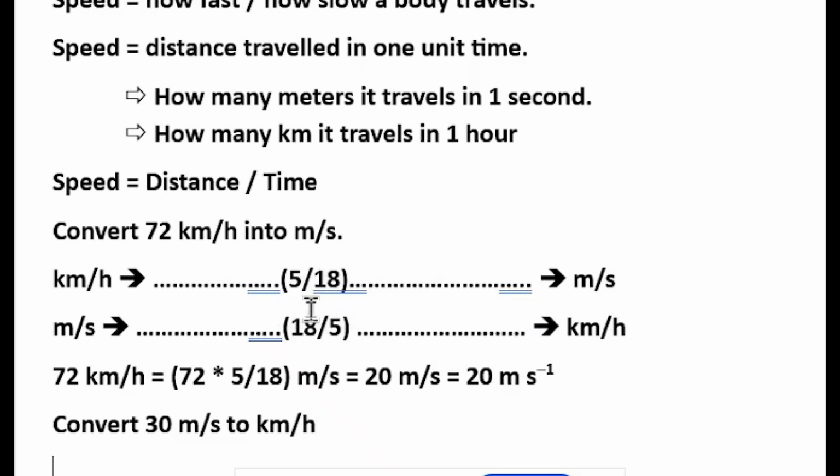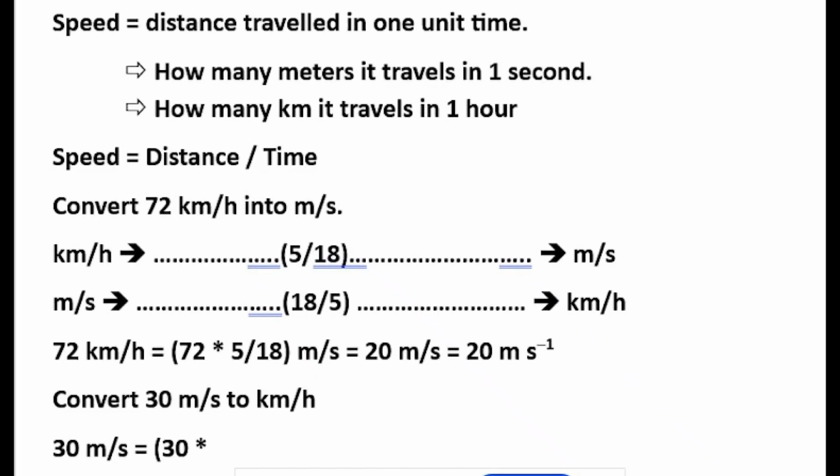So 30 meters per second will be equal to 30 into, now it is 18 by 5, not 5 by 18. 5 will go 6 times. 5 6 are 30. 6 into 18 will be 108 kilometer per hour.